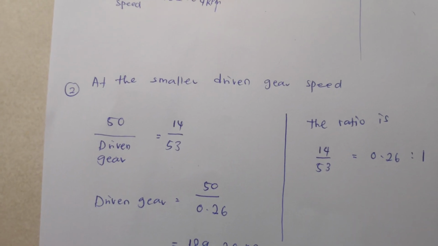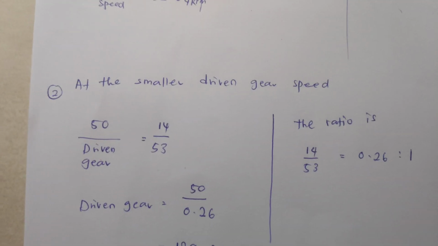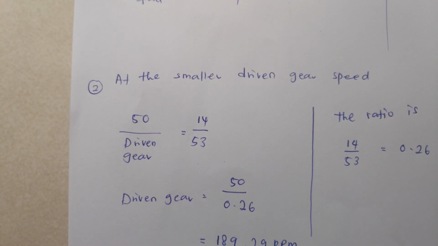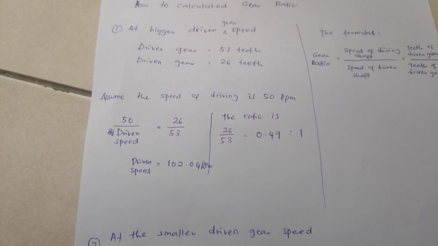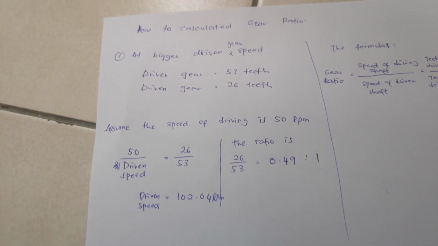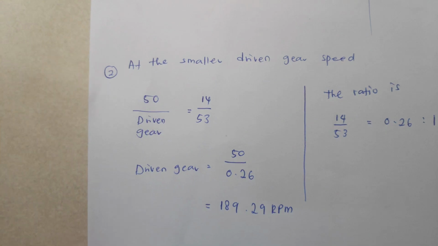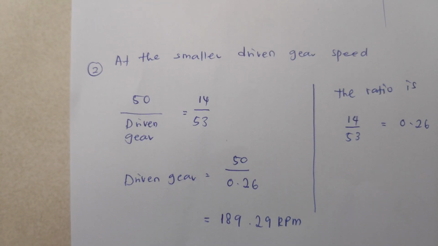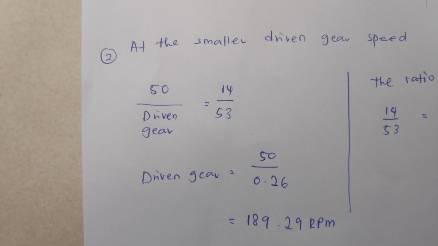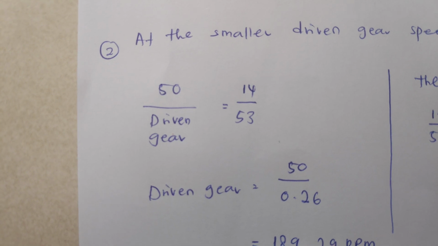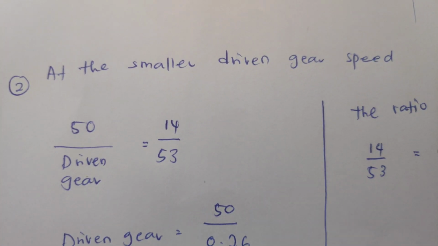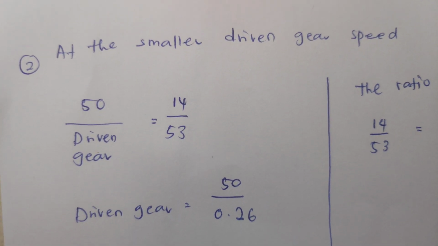Then at the smaller driven gear speed, which is the 14 teeth compared to the 26 teeth. So 14 teeth is the smaller driven gear speed. So 50 over the driven speed equals 14 over 53.